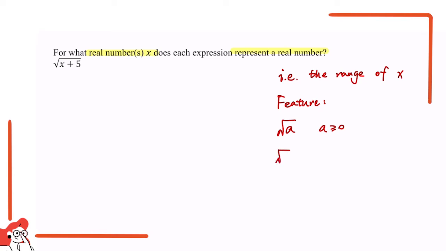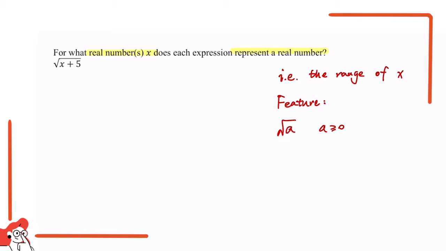Which means that you can never see something like the square root of -4, -2 or -1. These are unacceptable. They must be wrong. It cannot happen. As long as a can be written in this form, it has to be greater or equal to 0.